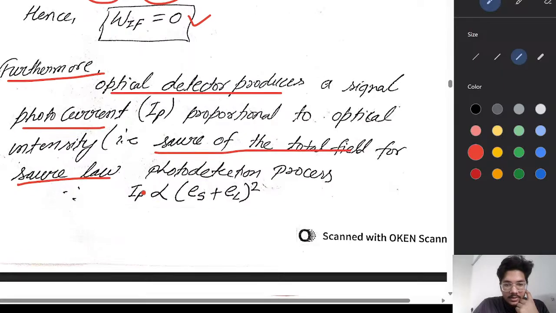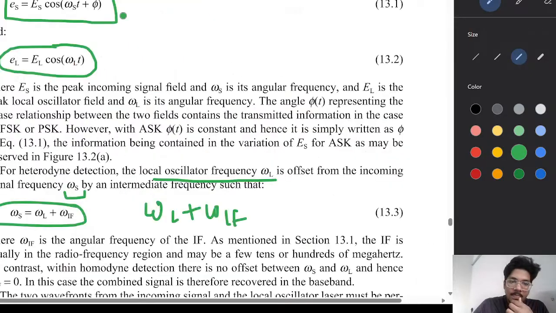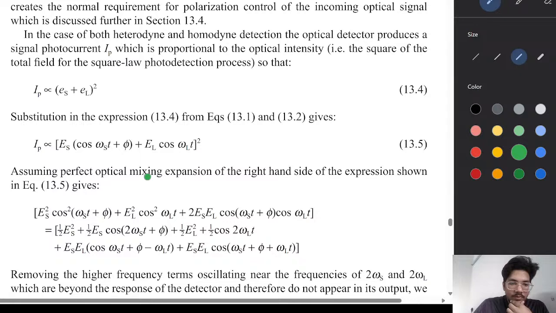The produced photocurrent is directly proportional to the square of the total field, E S plus E L, whole square. So IP is proportional to the optical intensity, the square of the total field in the square law photodetection process.